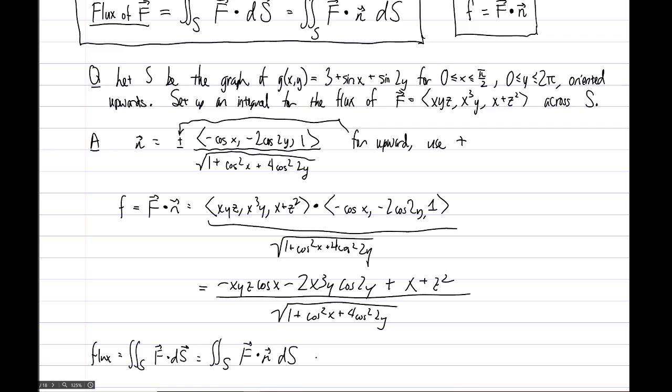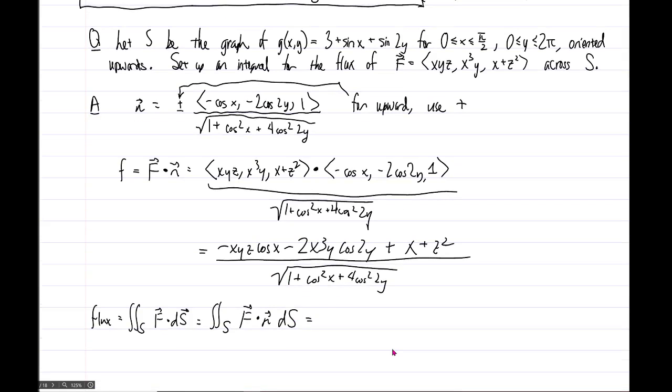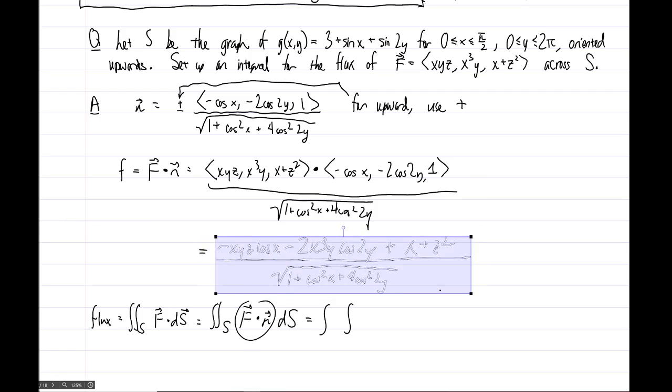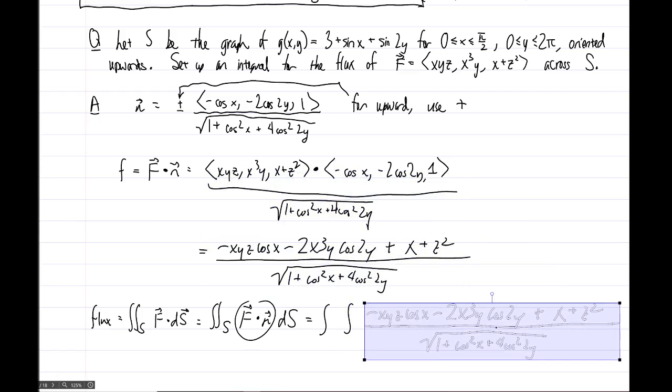In this example, let's write two integral signs some distance away from each other for now. F dot n we had computed, so we're just going to copy and paste this right there.